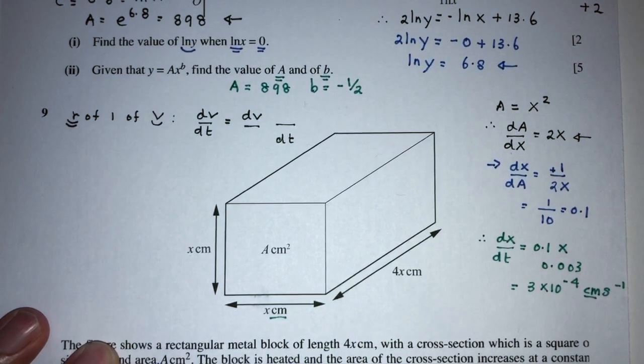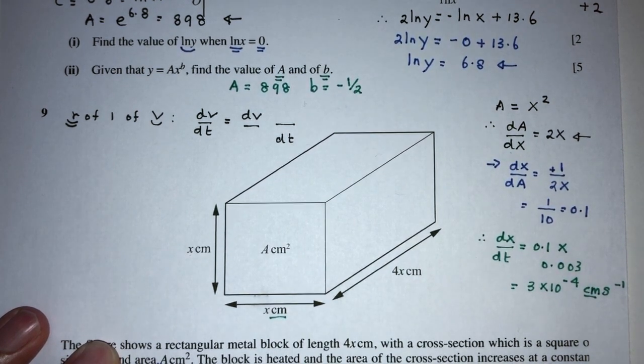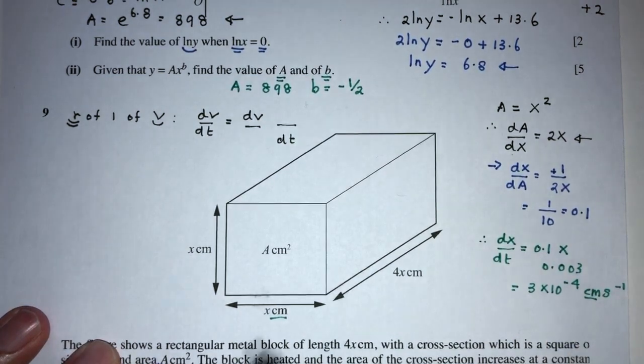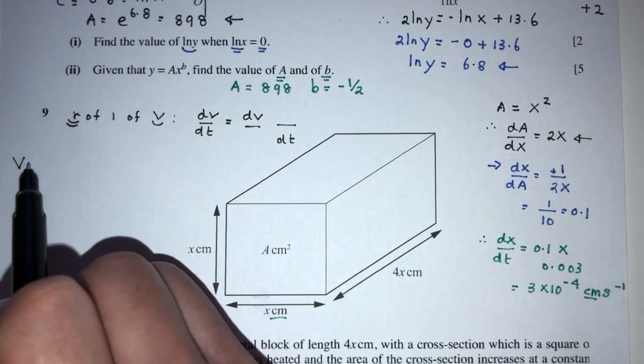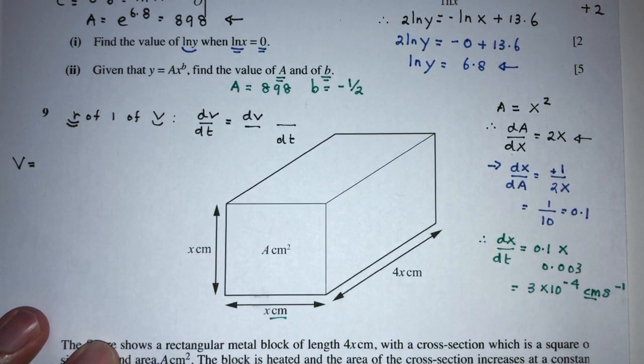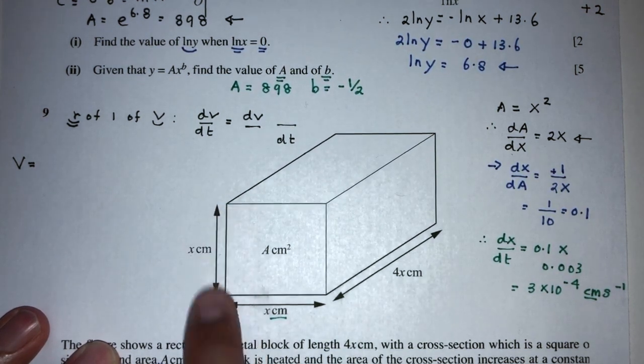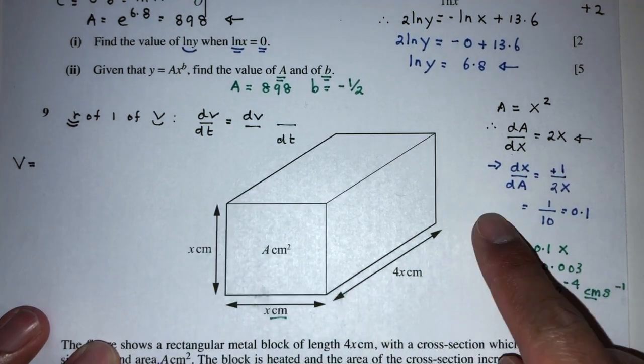Now volume is connected to x, or it can be to area. So how do you find the volume of this shape? Well, you have to think. It's a cuboid, so the volume is equal to length times width times height. It could be that. But usually for a prism, what we do is we find the area of the cross section and we times the length.